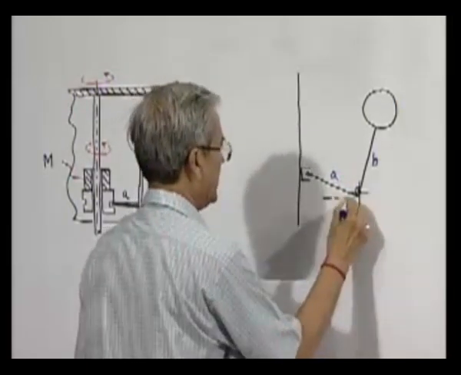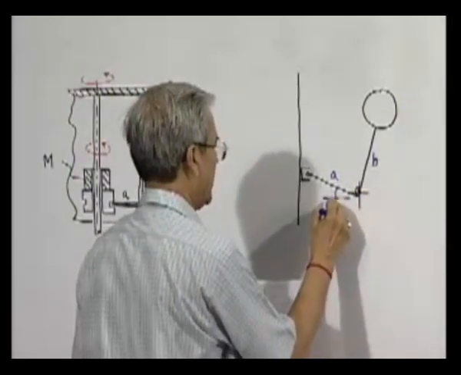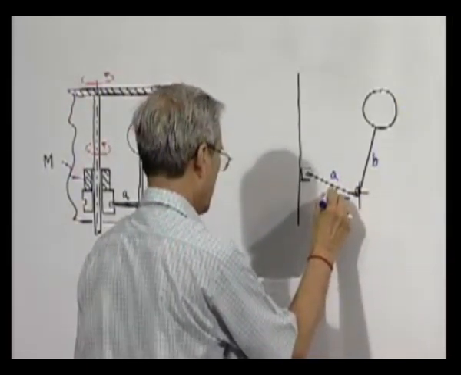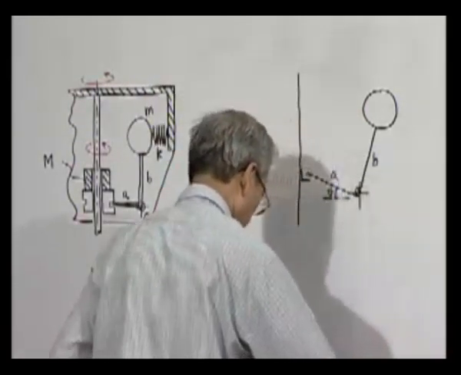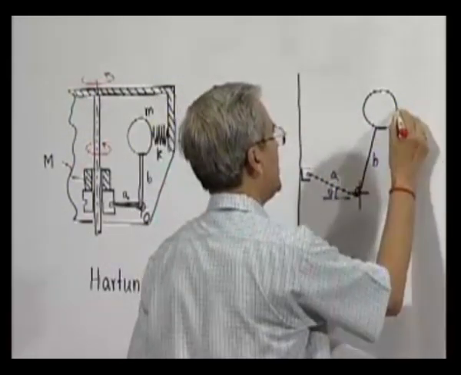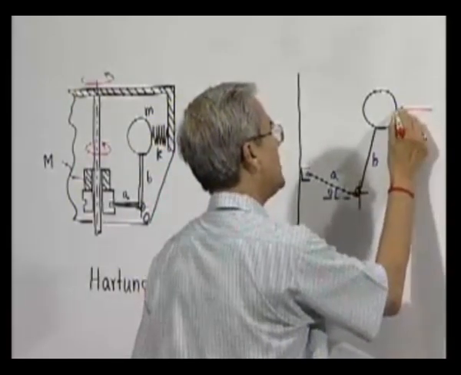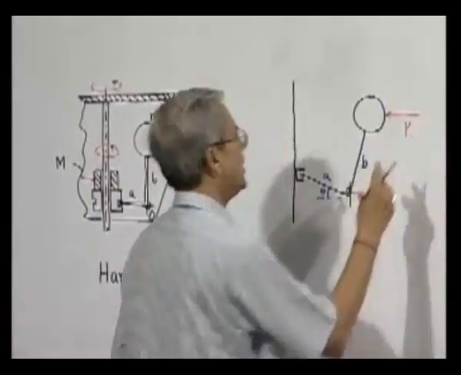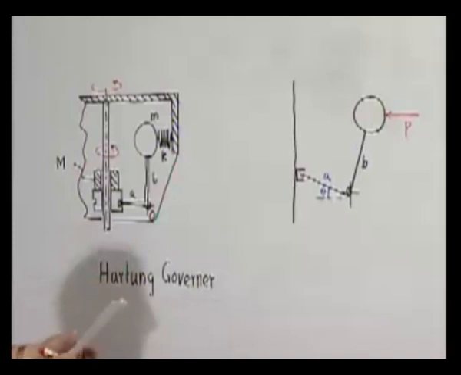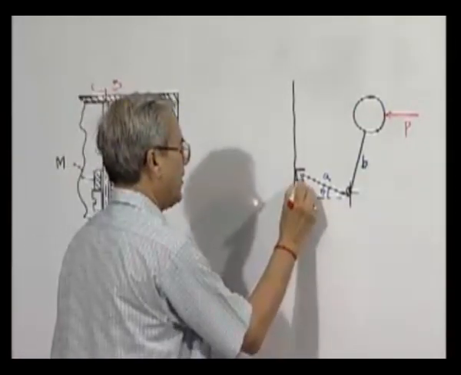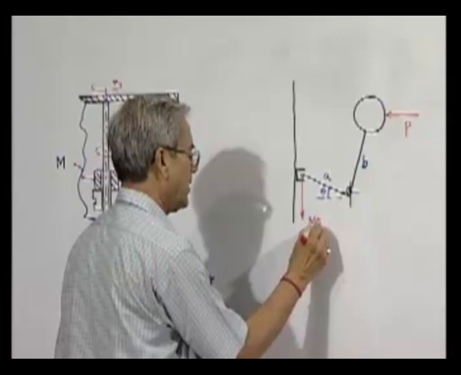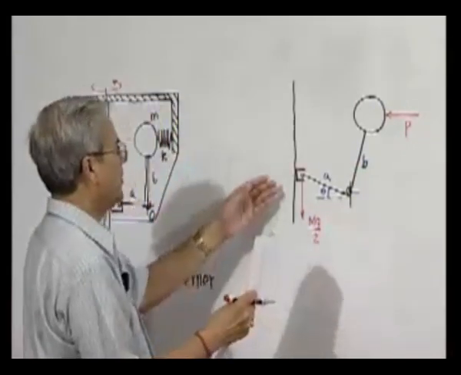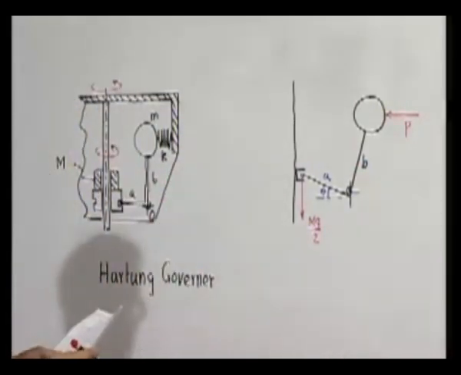At any instant, this angle is, say, theta. Now, the force acting here from the spring will be, say, P, depending on the initial compression and the amount of total compression, and half of the sleeve weight will act here, which will be mg by 2. The other half will be taken care of by the other direction.